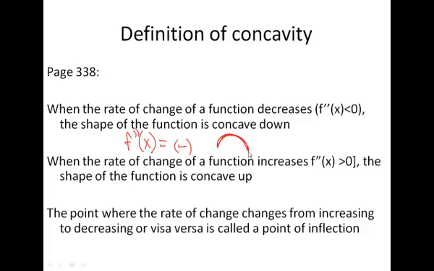And then when the rate of change of a function increases, in other words, when f double prime of x is positive, that means that the first derivative was increasing, which would indicate to us concave up. It's going to look something like this. And the point where the rate of change changes from increasing to decreasing or vice versa, that's what we call the point of inflection.